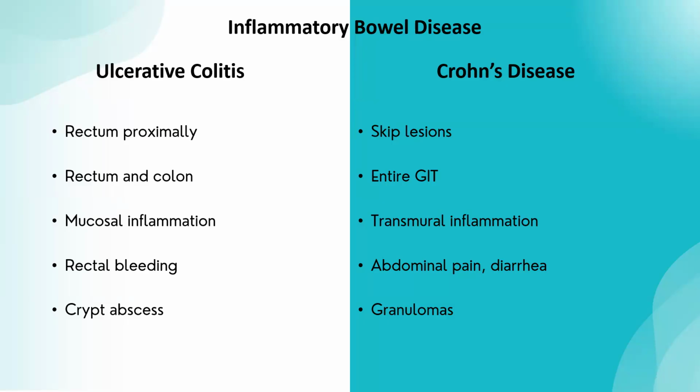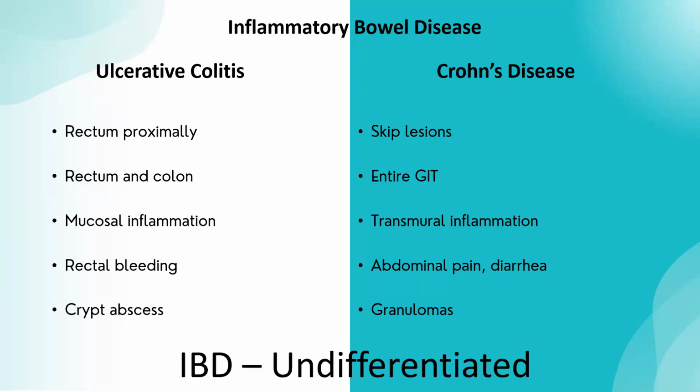So as you see, there are many differences between the two. But we also have an entity called IBD undifferentiated, where we can't swing either way in deciding whether it's UC or Crohn's disease, and management becomes a bit complicated.